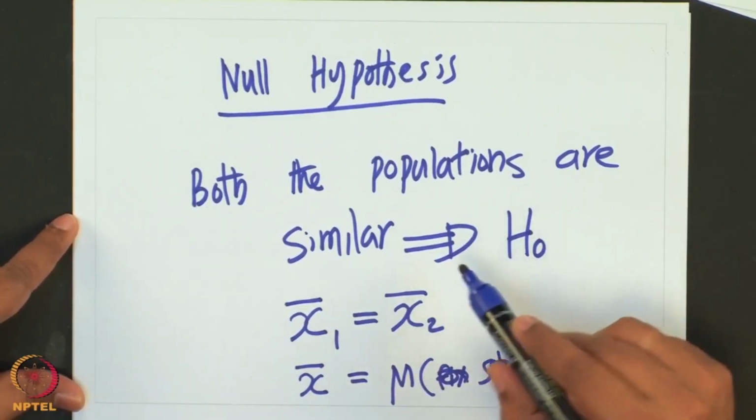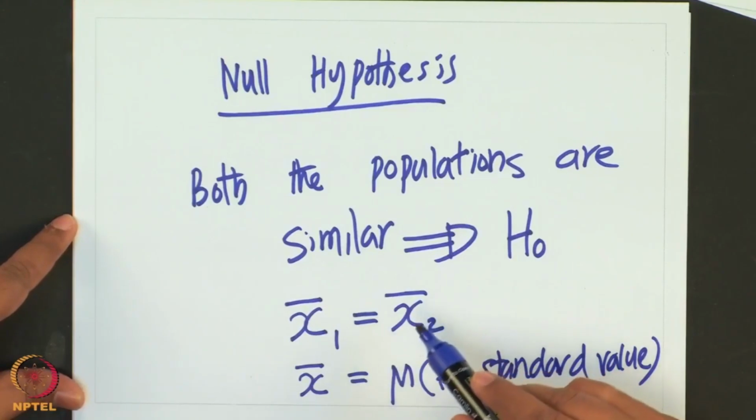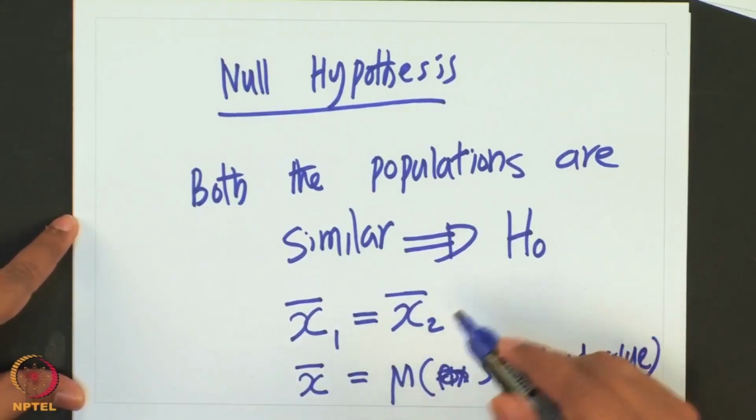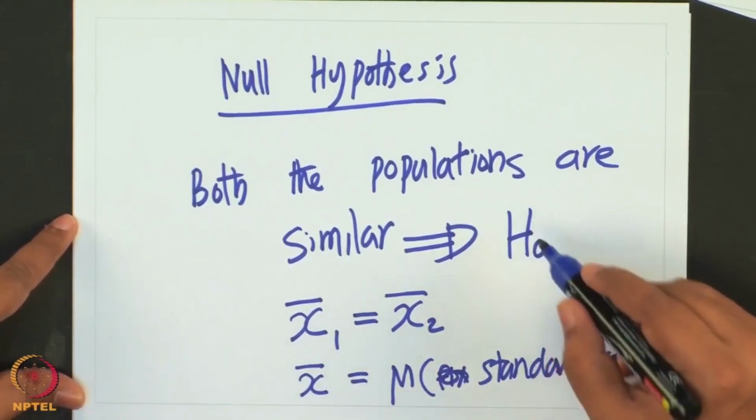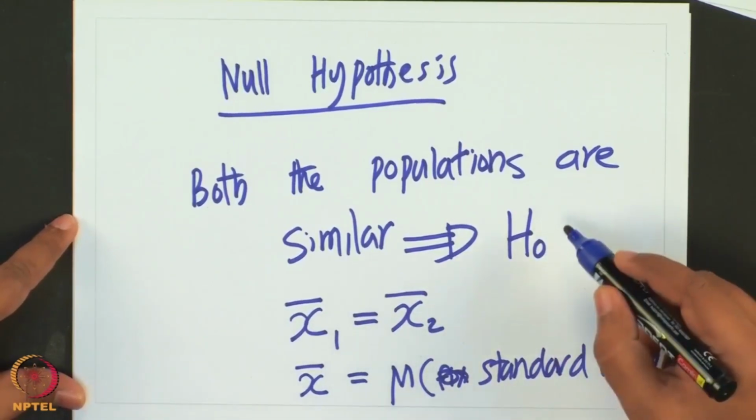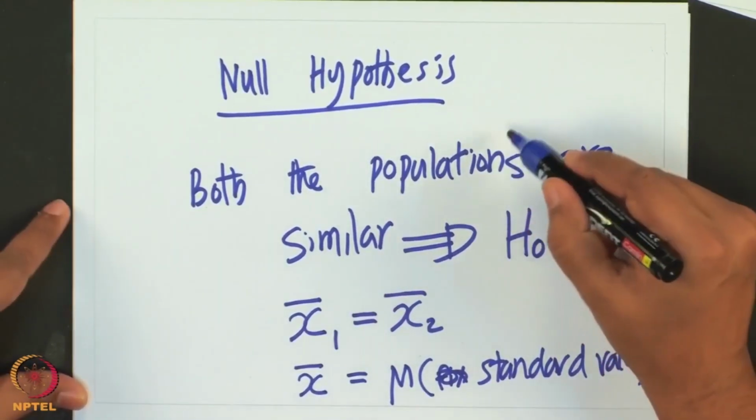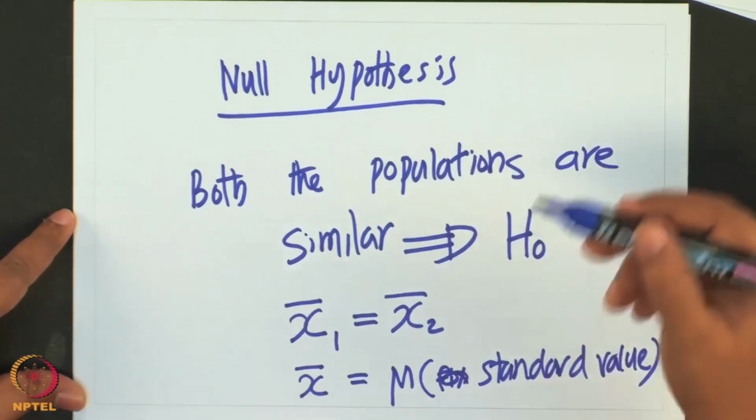If you start with this assumption, that mutant and wild type are the same, either you can prove or disprove this assumption. Either you can validate the null hypothesis, or you would reject the null hypothesis.